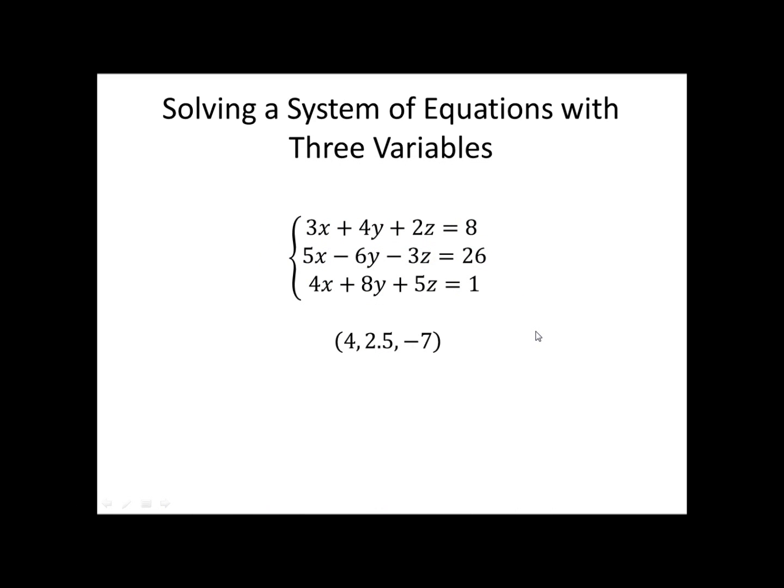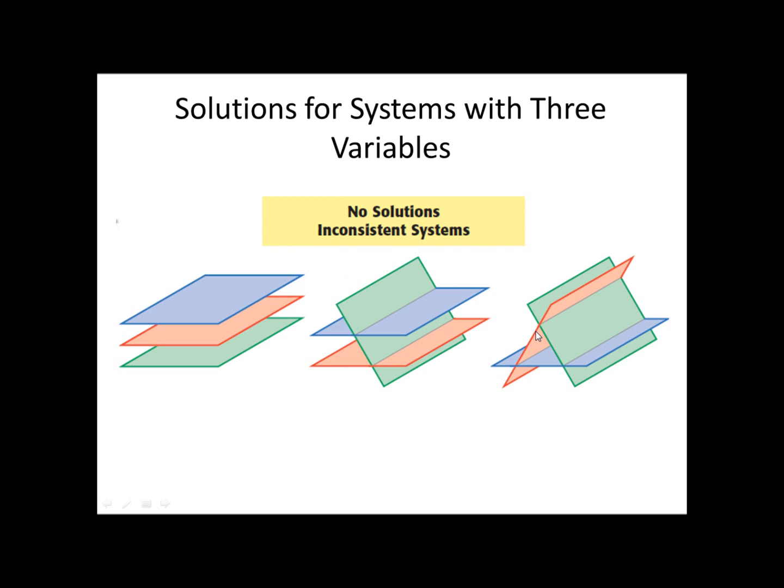Okay, so let's move on and take a look at what these equations create in 3-dimensional space. Now, 3-dimensional equations create planes. You can think of a plane as a sheet of paper when we draw it out. So we've got 3 equations that create 3 flat sheets of paper: a blue, a pink, and a green.